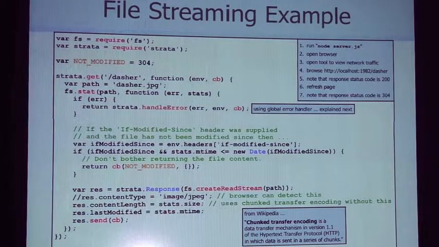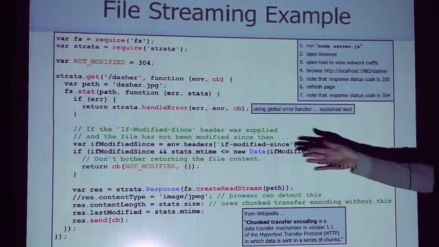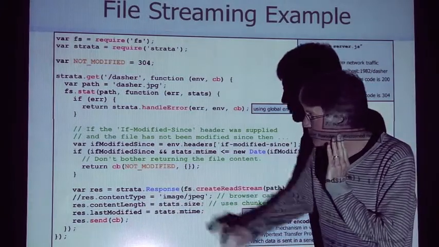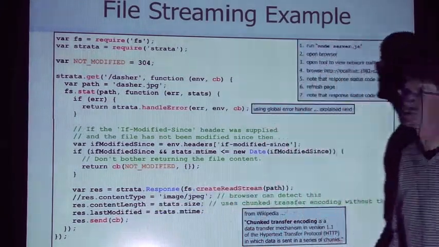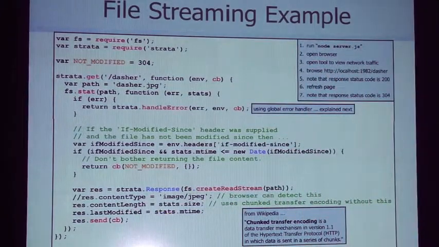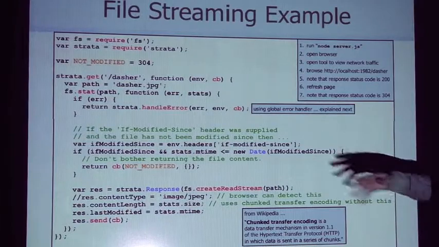Is it holding on to state between the different aspects? The res that I get back is an object with lots of properties on it, and it has some methods on it. No, it's not holding state though. That's a new object that's being created right here. Every time I call it, I'm getting a new one.